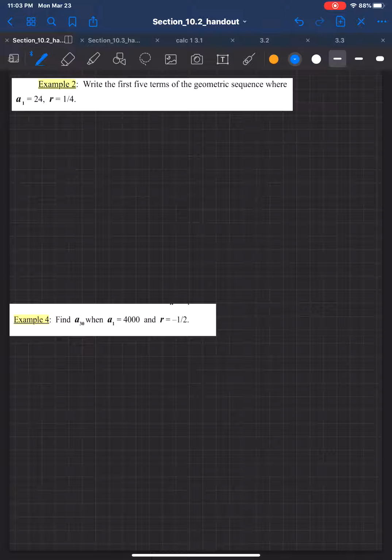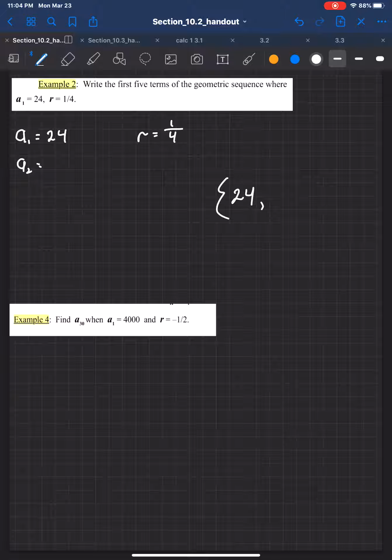So the next example says, okay, well, can you write the first 5 terms of the geometric sequence if they give you the following information. They tell you what a sub 1 is, and they tell you what the common ratio is. Okay, so remember, you want the first 5 terms. In other words, we want a sub 2, a sub 3, a sub 4, and a sub 5.